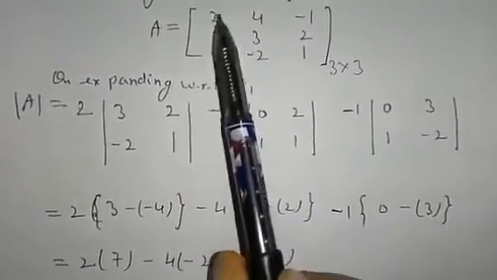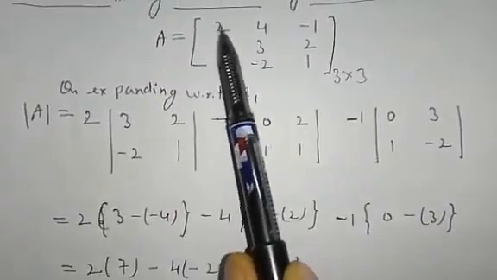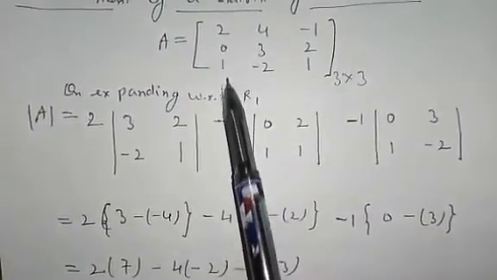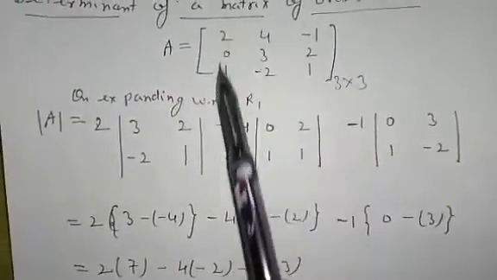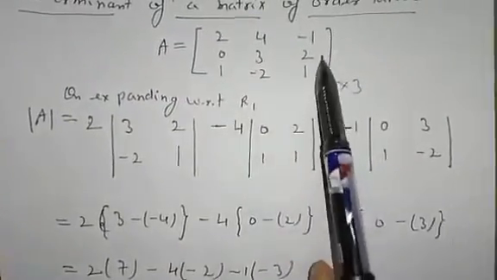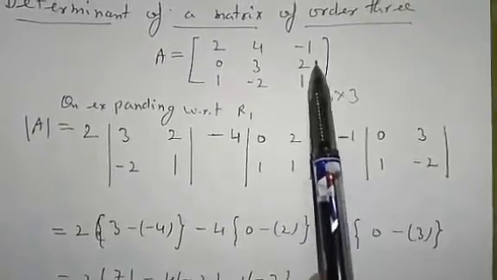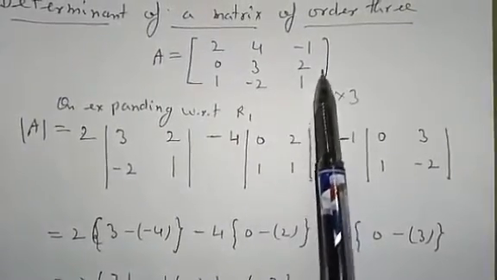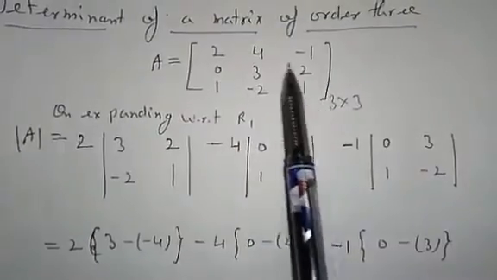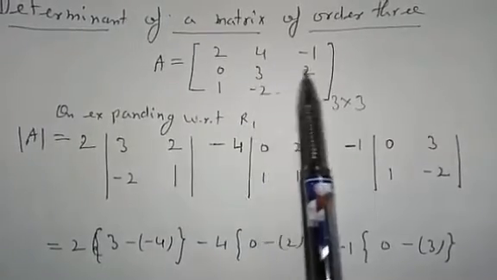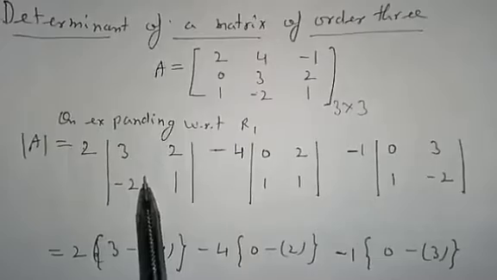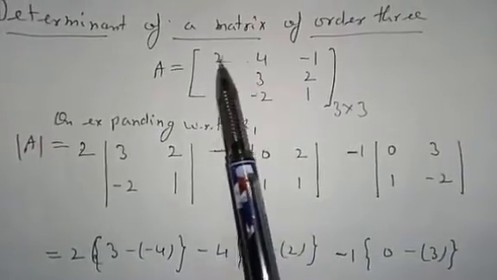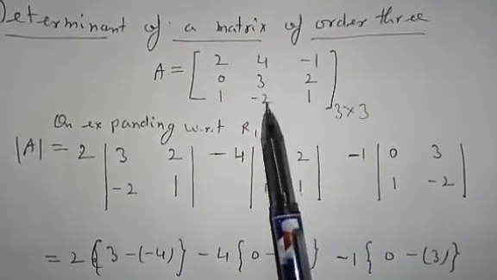Now for this 2, remove this row, remove this column. So it means this is 1 1, remove first row first column. So we have only this one. So we take the determinant of the remaining elements. The remaining elements are 3 2 minus 2 1. We take the determinant of that. For this 4, remove first row, remove second column.